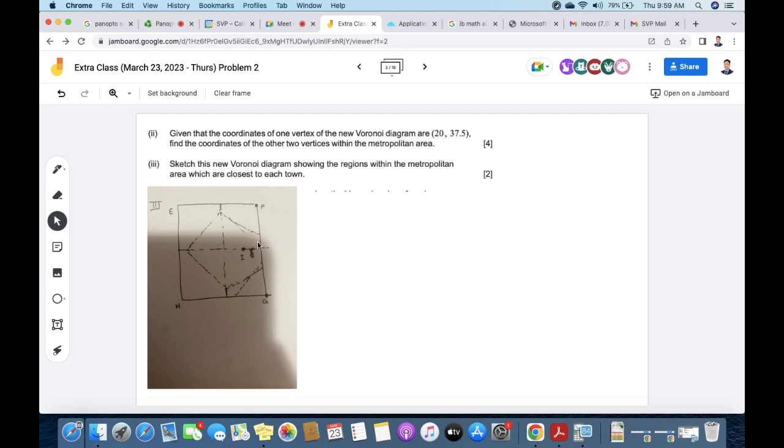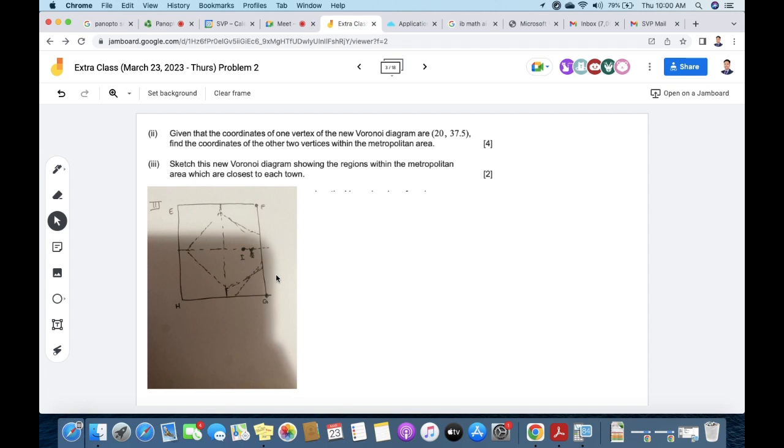Okay. So if you try to look at it, if we connect these two perpendicular bisectors, they somehow meet here on the right side, but because it's outside the boundaries of the towns, we don't include it anymore. Okay. So somehow it looks like this.